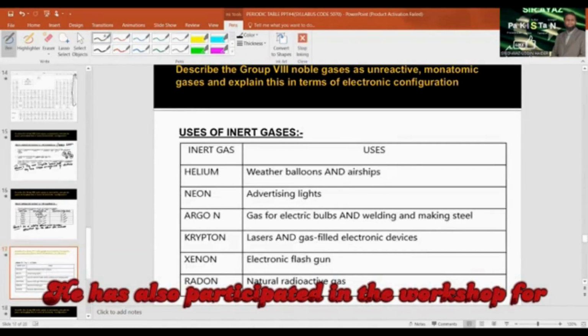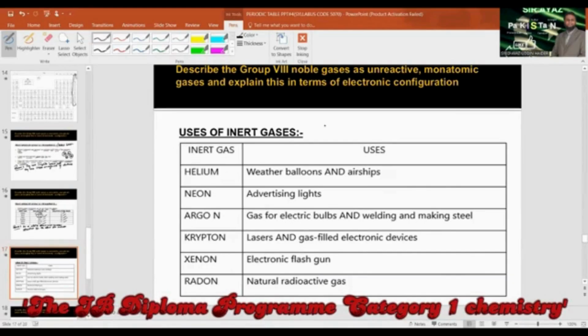So here are some uses of inert gases. They are usually used in providing an inert atmosphere. Inert atmosphere means the element, metal or non-metal, will not react.